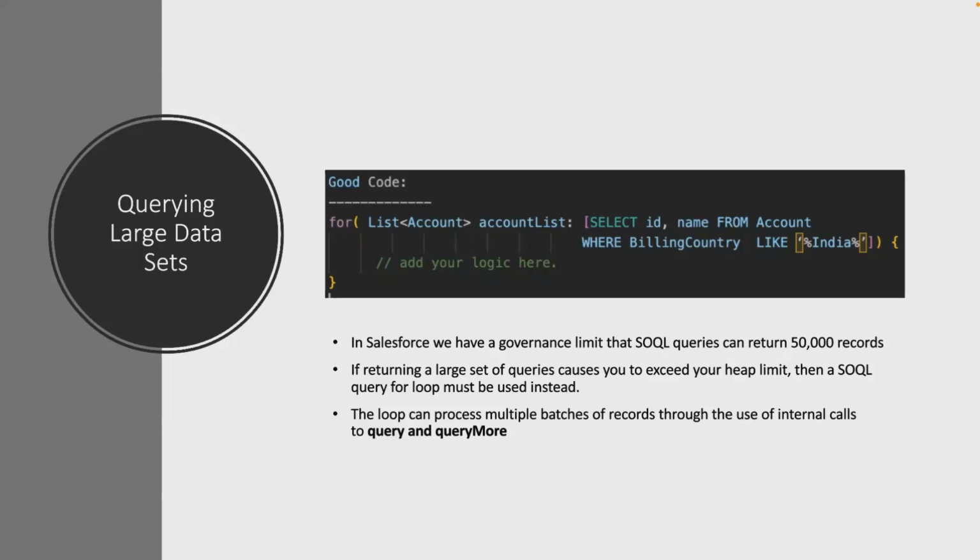So instead of processing in a plain for loop, we will use the SOQL query for loop. Here the data is processed in batches. Internally it will call query and queryMore to do the processing in multiple batches. This will also increase the performance of the code.